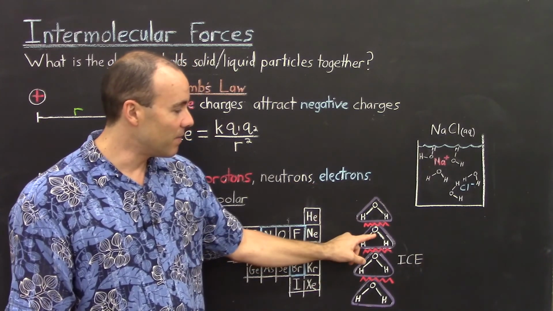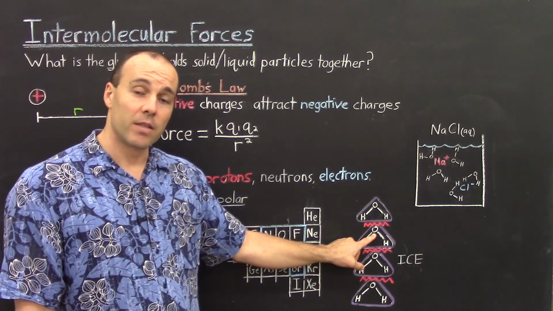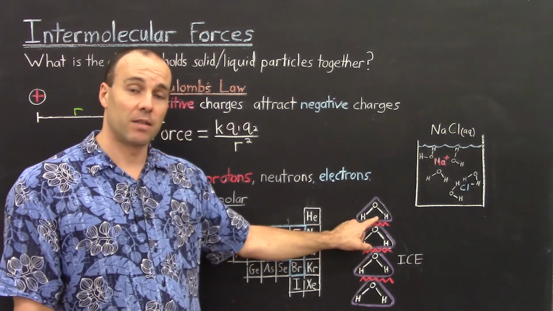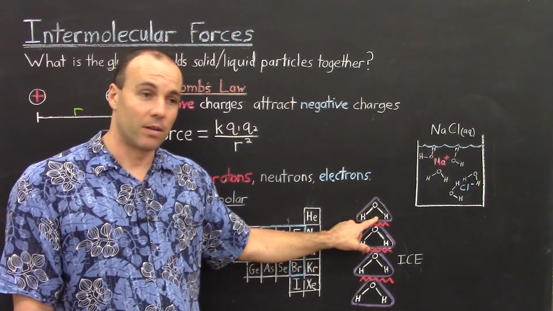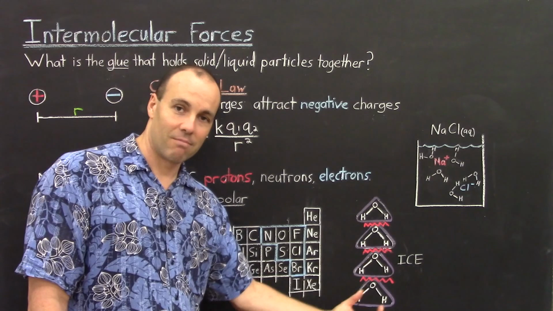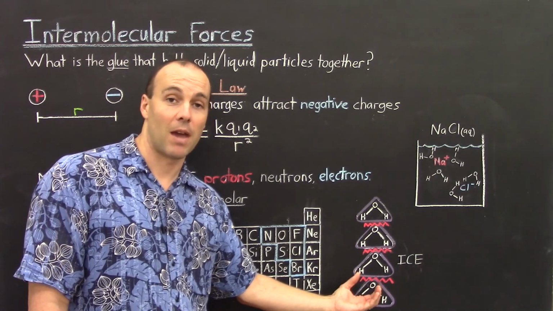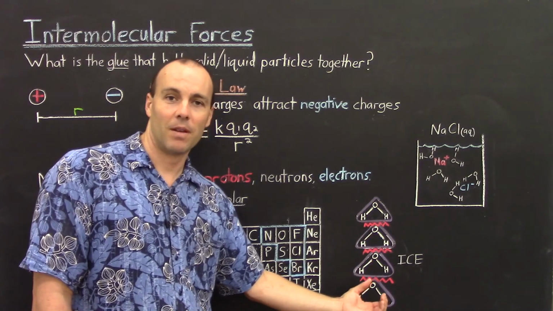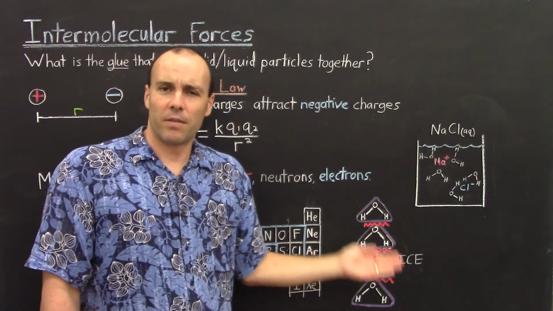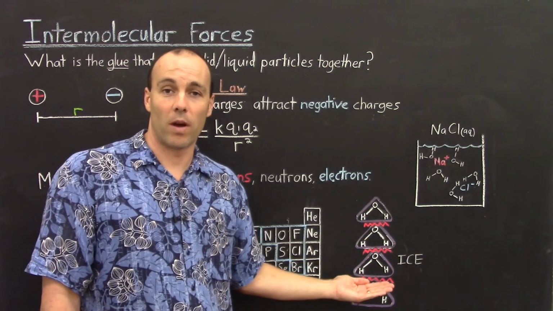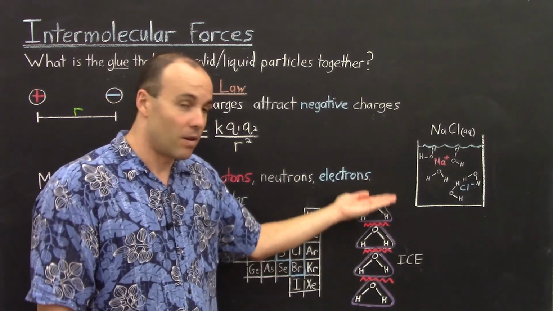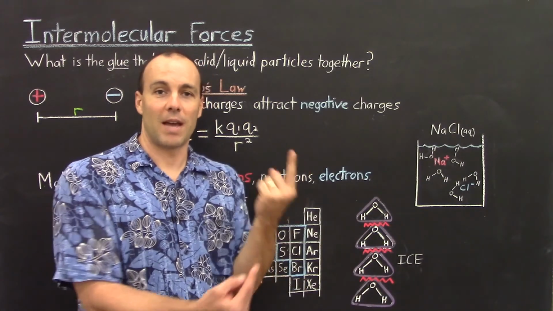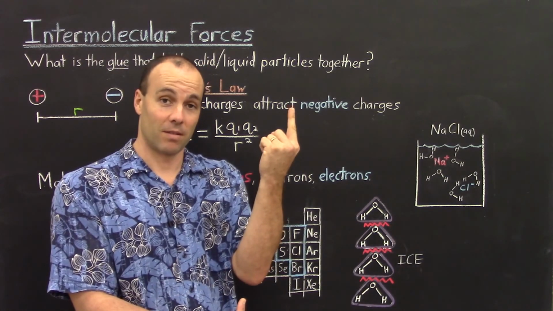You see, the negative end of one water ends up sitting next to the positive end of the neighboring water. And it happens in like a chain reaction. The waters all line up. And that's what ice looks like. It's a very ordered configuration of water molecules in which they're all kind of lined up with their dipoles interacting with each other. Okay?